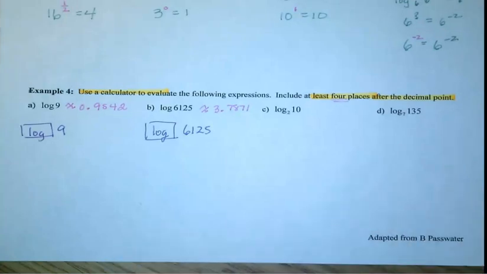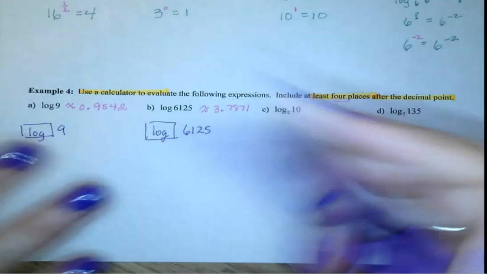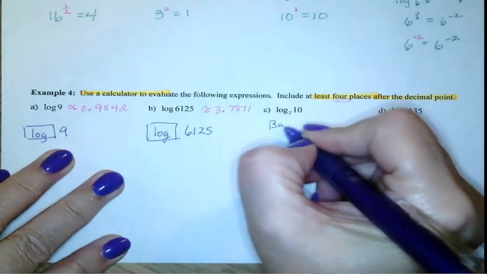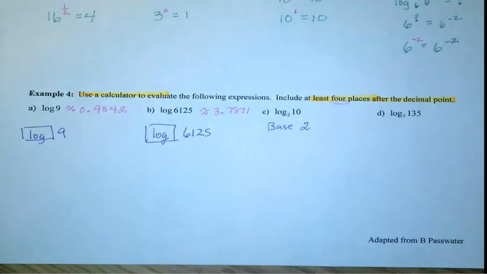Okay, so now we get to C, and C is a little different because it has base 2, not base E or base 10. So typically what we actually have is a rule here called change of base.